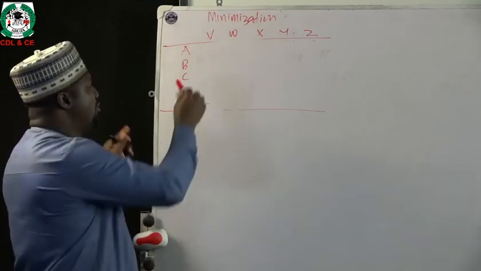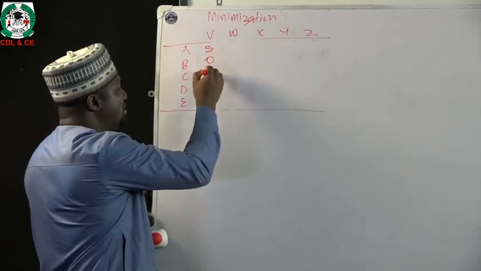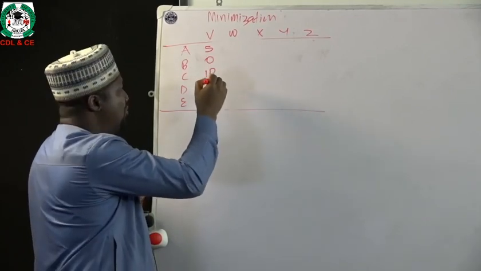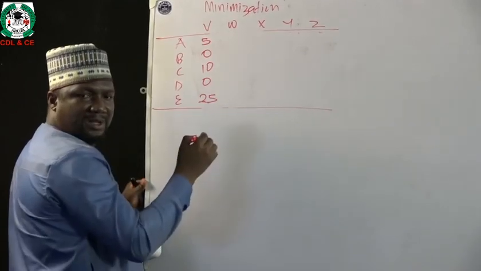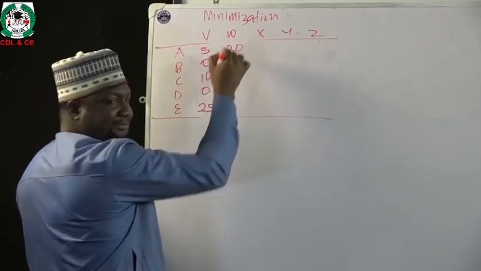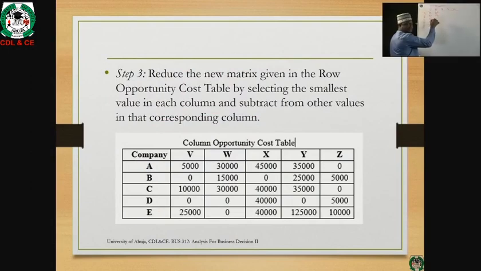The V column, we have 5,000, 0, 10, 0, and 25. The next one, we have 30, 15, 30, 0, 0.